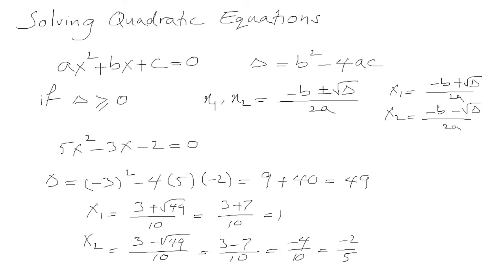Discriminant can also be 0. For example, in the quadratic equation 4x squared plus 12x plus 9 equals 0, a is 4, b is 12, and c is 9.